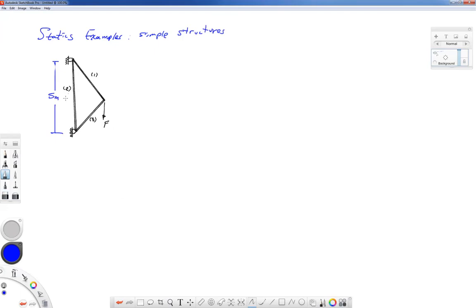Maybe from the roller to this position where this bar is at is 2 meters. Okay. And then over this way, let's say that's 4 meters. I'm just making up some various numbers right here. And let's put a force on here of maybe 10 kilonewtons.